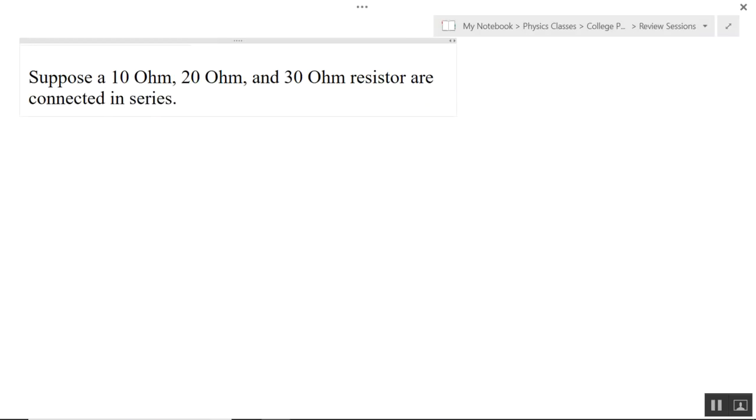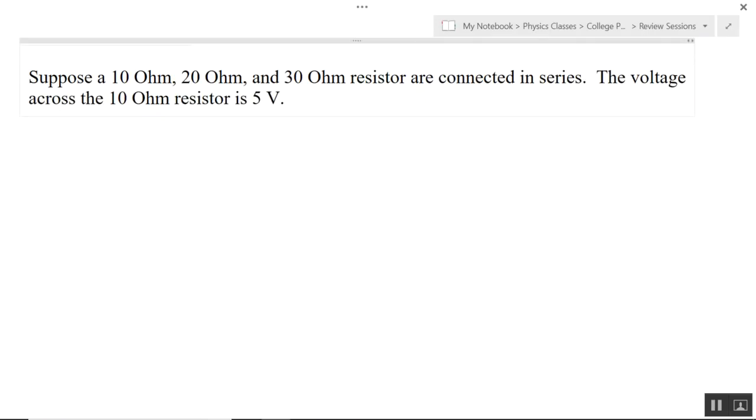If I say in series, I mean purely in series, that's implied. The voltage across the 10 ohm resistor is 5 volts. So, what's the voltage across the other two?